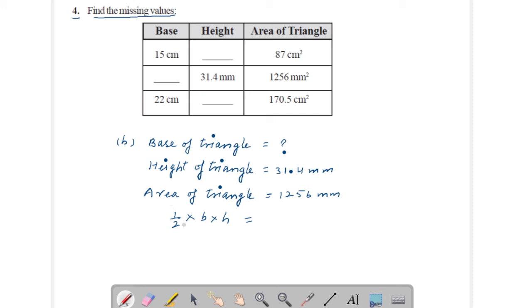Area of triangle is given by half into base into height equal to 1256 millimeter. Here put the value of height. You will get 1 upon 2 into base you have to find out. Height is 31.4 equal to 1256.